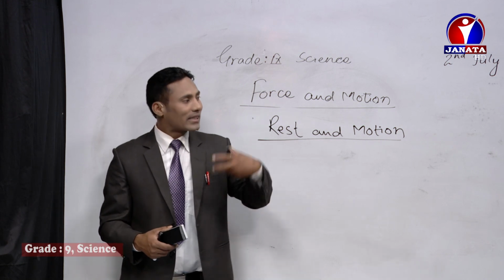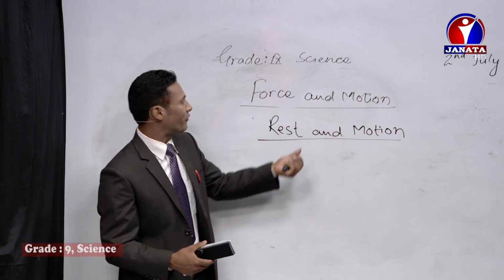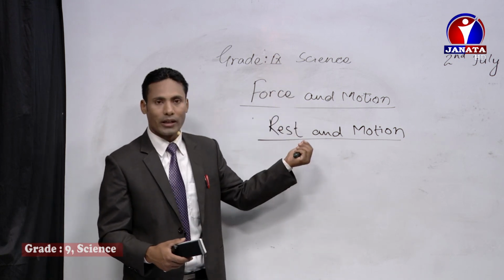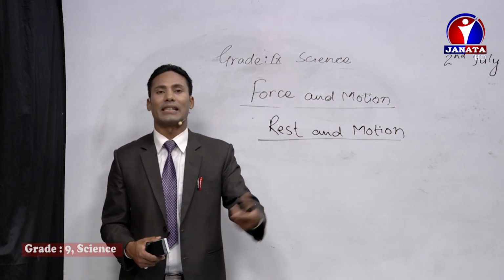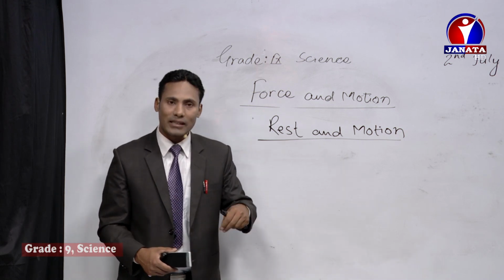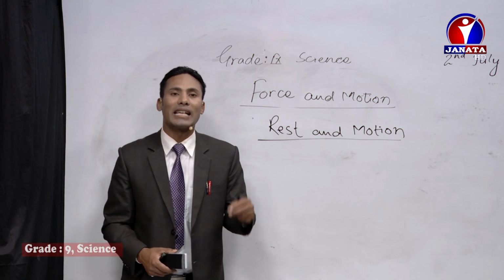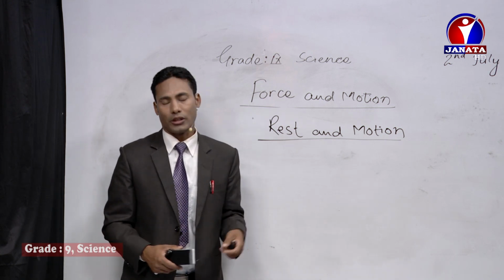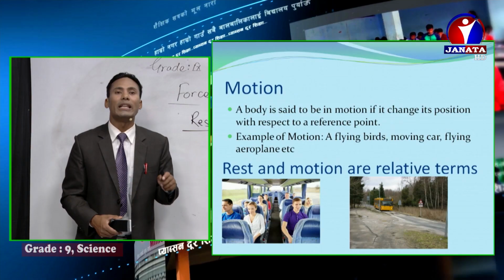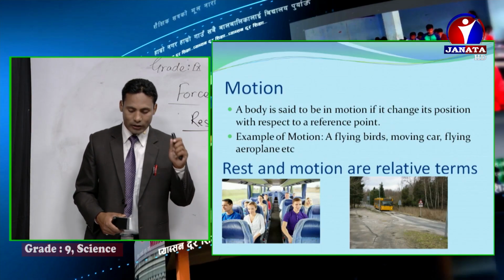That means the same body is at rest if I take the whiteboard as reference, and in motion if I take the sun. That's why the same object may be at rest or in motion depending upon the reference point. That's why rest and motion are called relative terms.